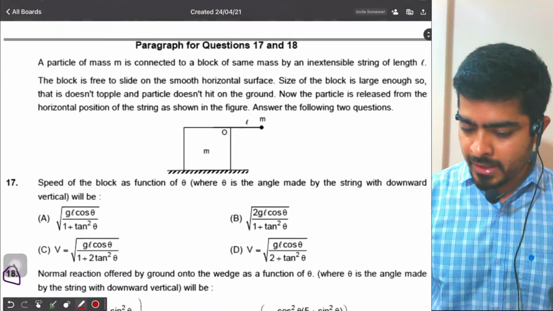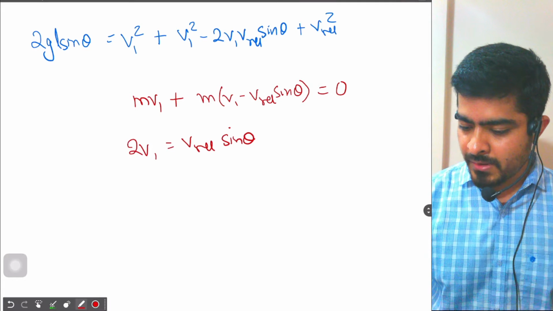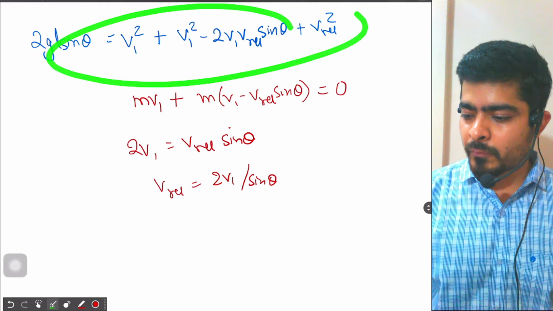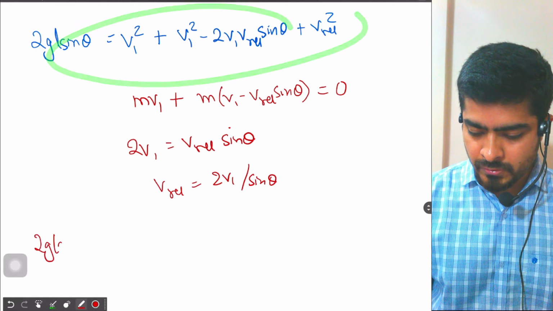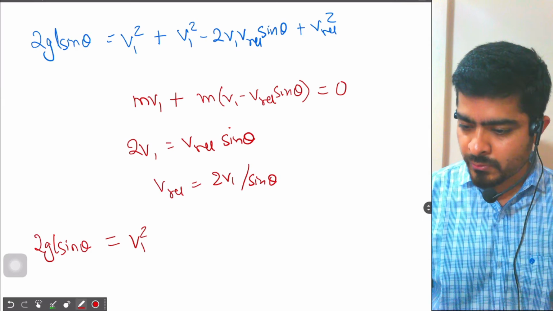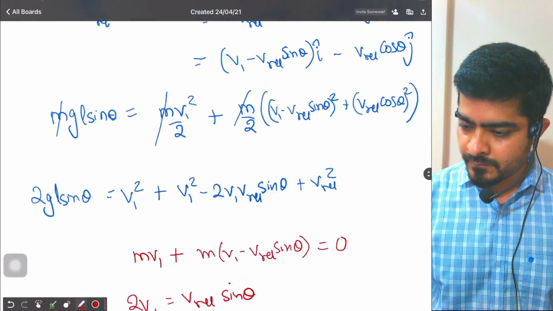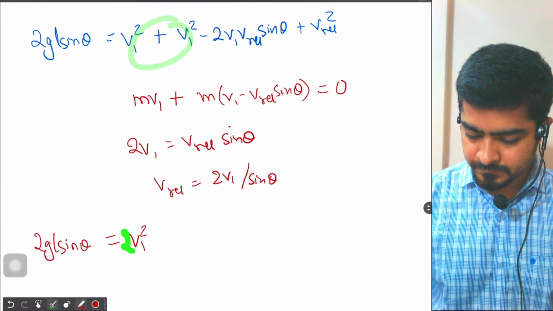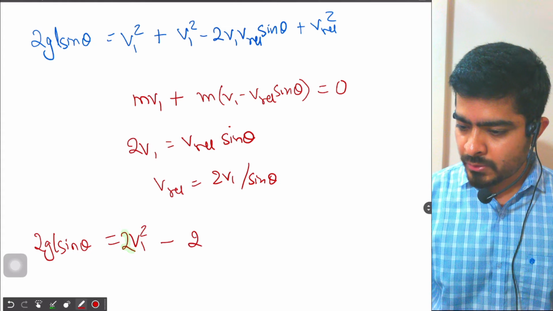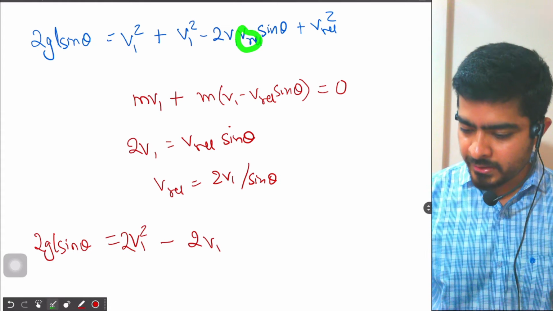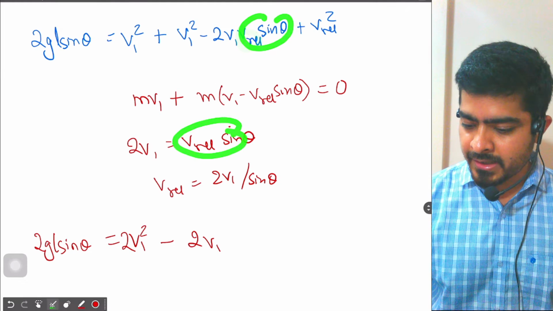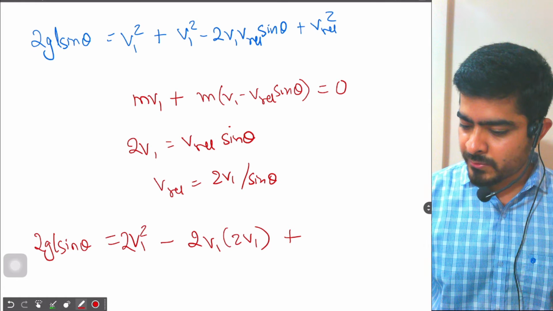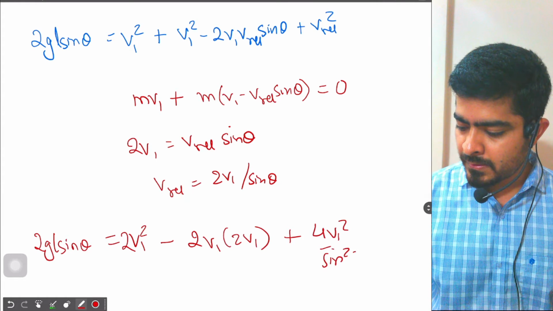In the question we have to calculate speed of the block, right? So we have to calculate v1. So v relative is what? 2v1 by sine theta. We will put that over here. So 2gL sine theta is equal to v1 square, basically actually 2v1 square, okay, minus 2v1 times v relative sine theta, which is 2v1 times 2v1, plus v relative square will be 4v1 square by sine square theta.